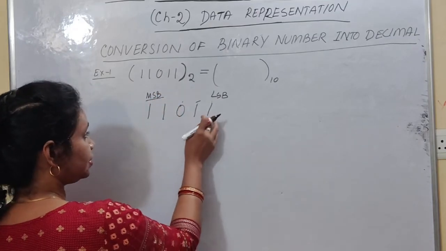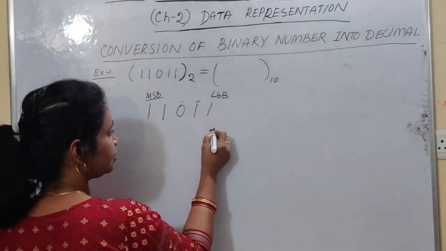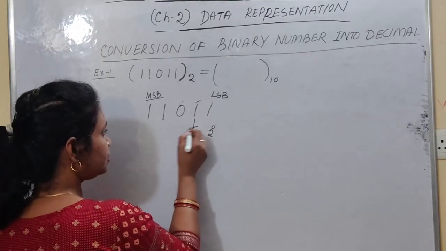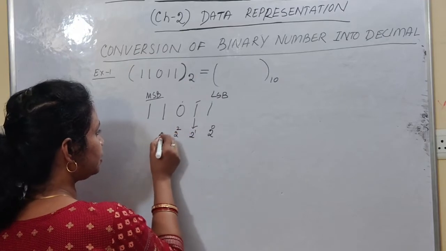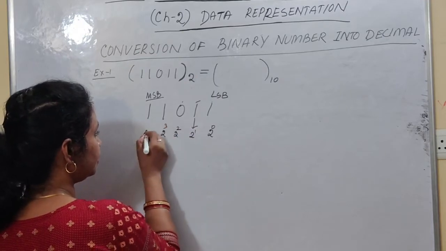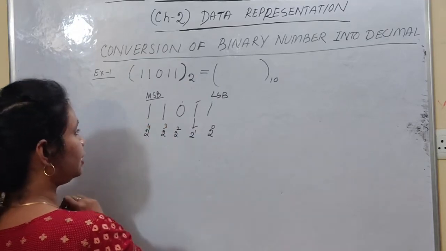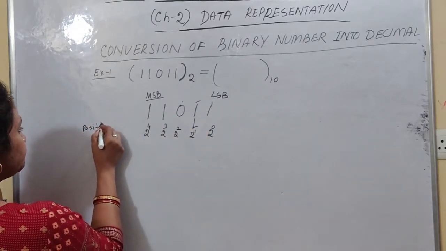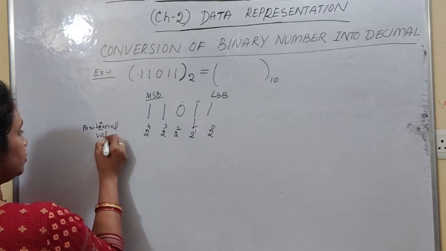So here that certain weight is there, that means this is your 2 to the power 0 position, this is 2 to the power 1 position, this is 2 to the power 2 position, this is 2 to the power 3, and this is your 2 to the power 4. That means these 2 to the power 0 and so on are known as positional values, okay?